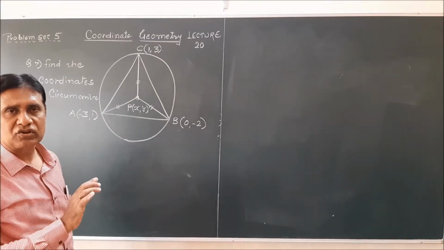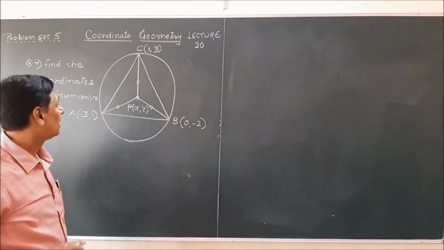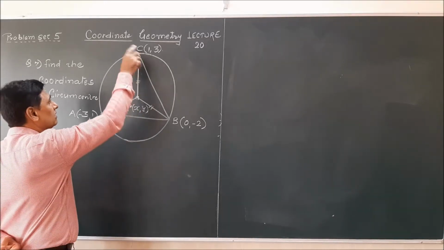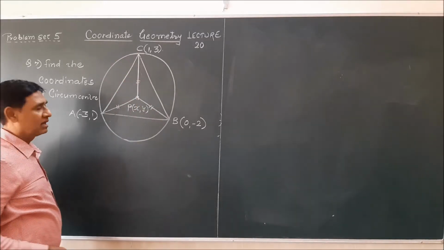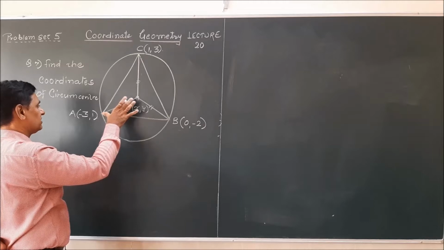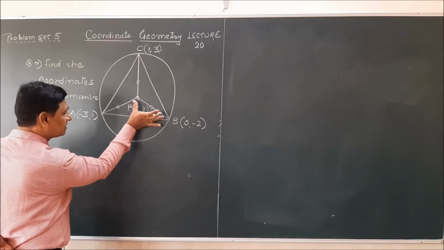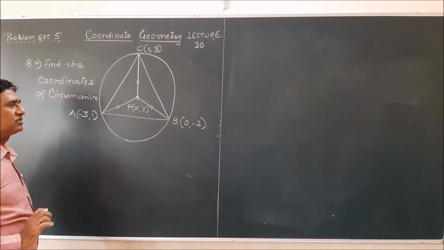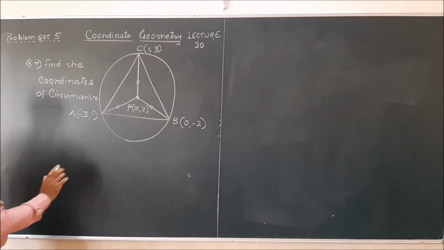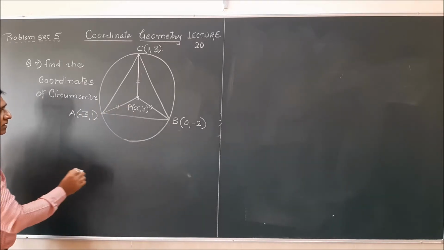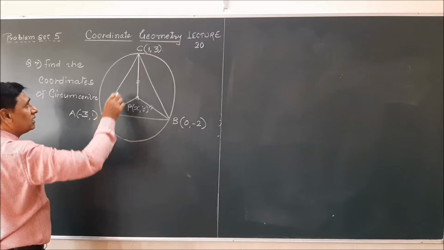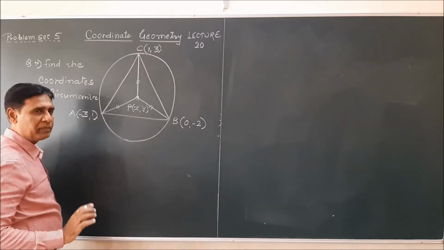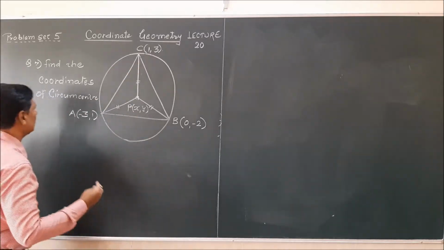So the definition of circumcenter is very clear. Now, PC is called a radius of the circle. Likewise, AP is also a radius and BP is also a radius. First of all, I find out distance AP, then distance BP, then distance CP, and then I will explain later what to do.